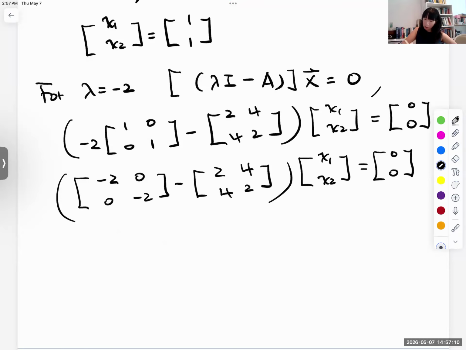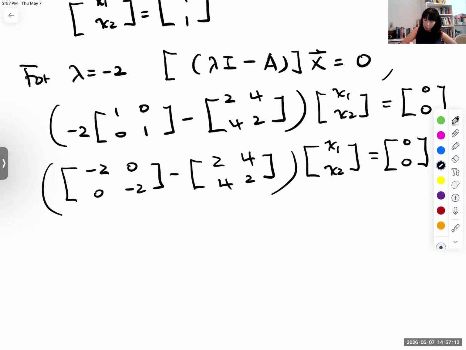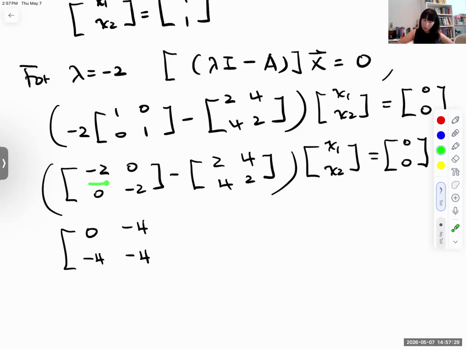All right, so where we have 0 there and negative 4 there, negative 4 there, and negative 2 minus 2, which is negative 4. Okay, hold on one second. I made a mistake, right? So negative 2 minus 2, which is negative 4.